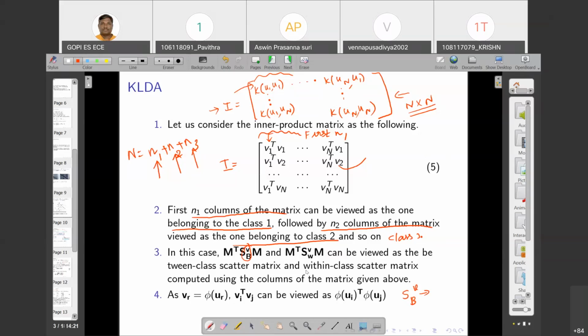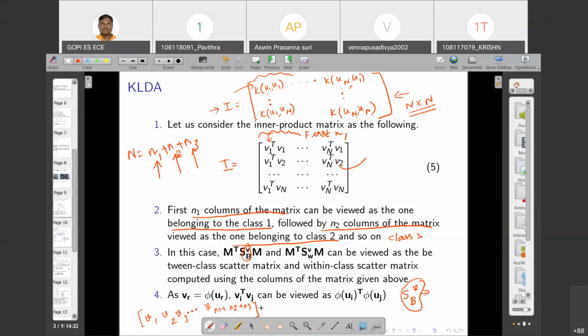These are all the vectors in the higher dimension space: v1, v2, v3, and so on, up to v n1 plus n2 plus n3. Because there are n1 plus n2 plus n3 vectors totally available, if I find the between class scatter matrix using these vectors, that is going to be your SBV.